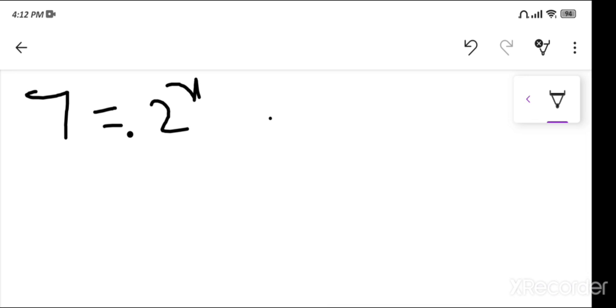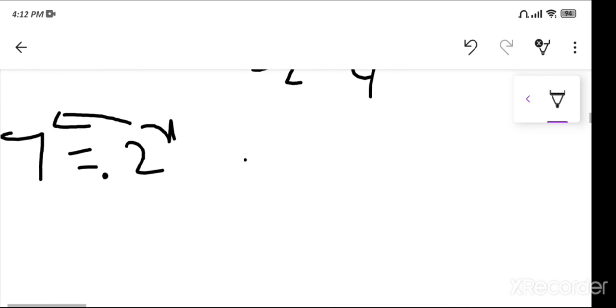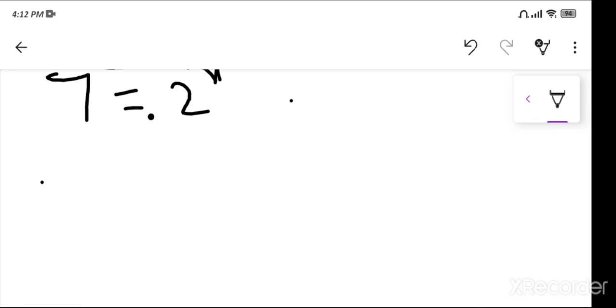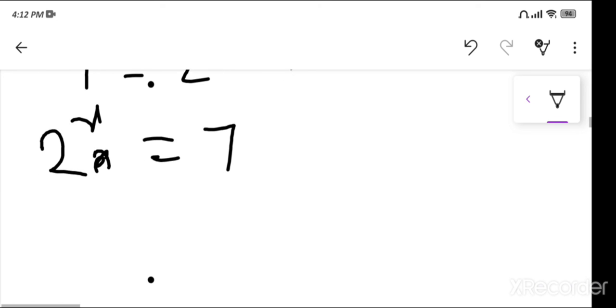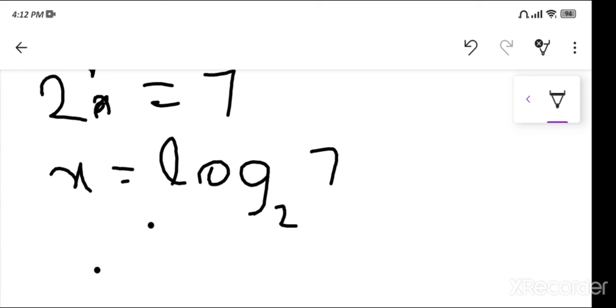Take the value this side and make it go that side. So 2 power x is equal to 7. Now you know the procedure. x is equal to log 7 to the base 2. That's it. That's how simple it is.